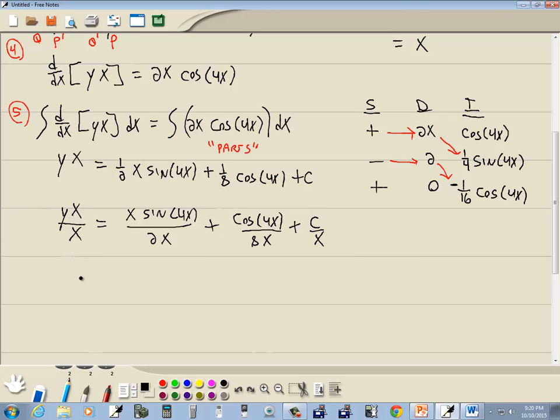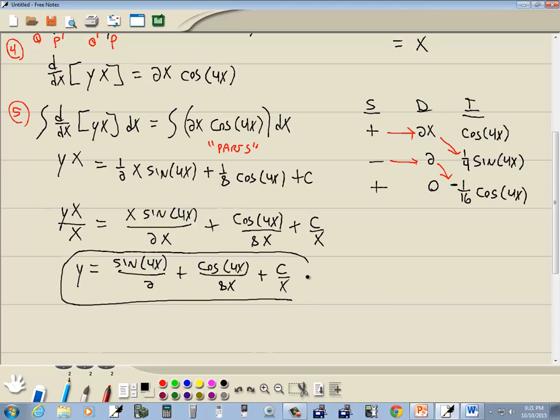Now these x's cancel, and we got y equals sine 4x divided by 2 plus cosine 4x divided by 8x plus c over x. And that would be our answer.